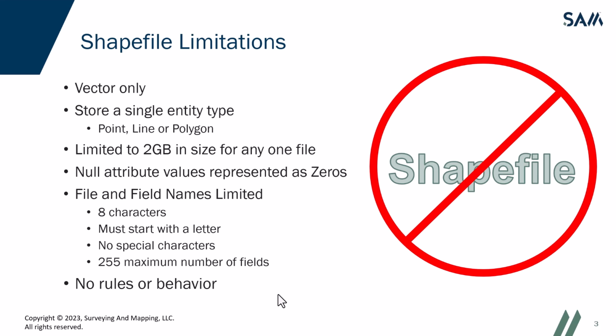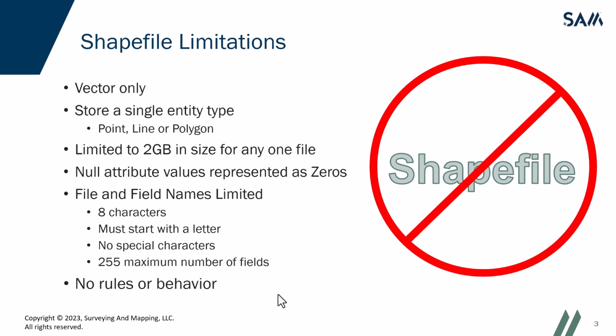Another restriction you're going to encounter that you don't see in things like geodatabases or Oracle Spatial or SQL Spatial, all of these are other GIS storage formats, is shapefiles don't support rules or behavior natively into the format. So what am I talking about?